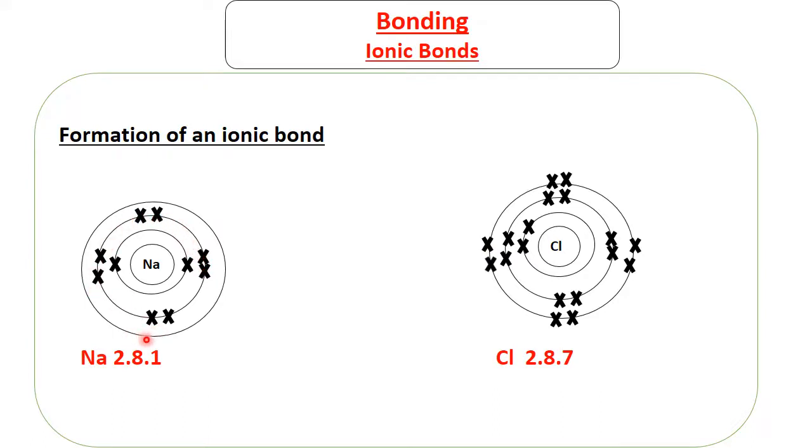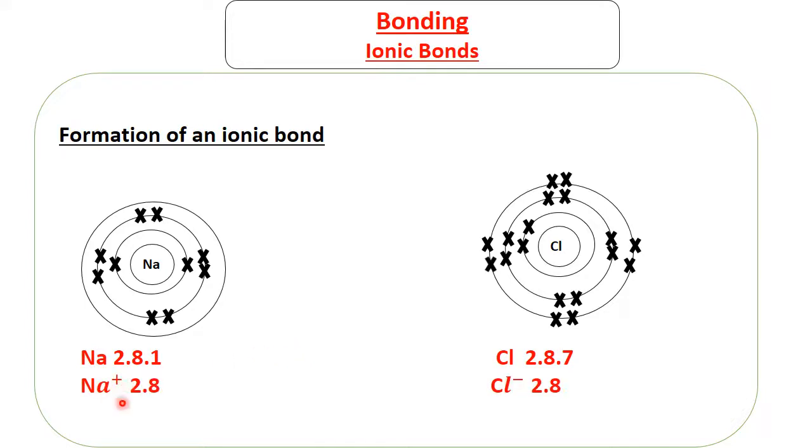The shell which once was the outermost now has 0 electrons, so it stops existing. Our new outermost shell is this one with 8 electrons, and chlorine also has 8 electrons in its outermost shell. Therefore, the two are stable, and because they have shared something, they are going to form a bond.